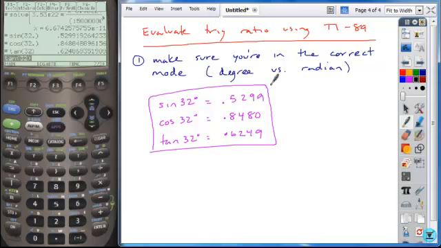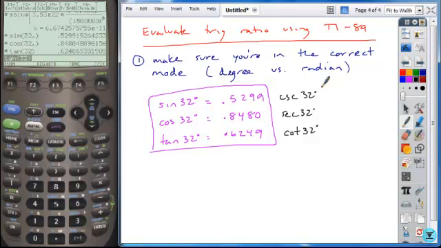All right, what do you think you would do if I asked you to find the reciprocal functions? Okay, so now that's a little bit different. The sine to the -1 is called the inverse sine, or called an arcsine.